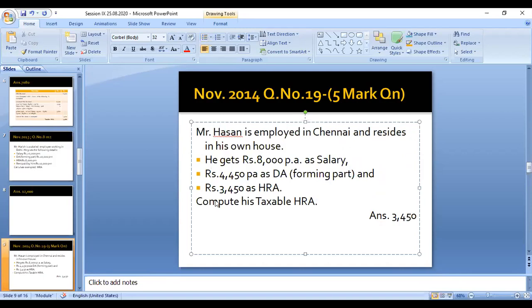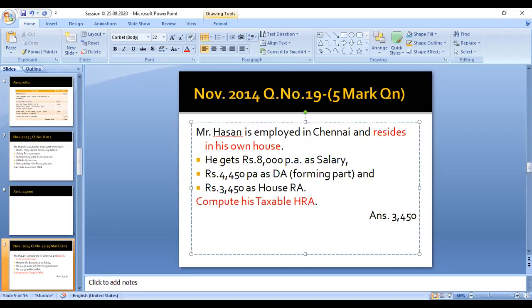So for this problem there is no need of any calculations. He resides in his own house, so nothing is paid as rent. He received HRA, house rent allowance. This allowance is received only for the payment of a rented house, but he is not taking any rented house.